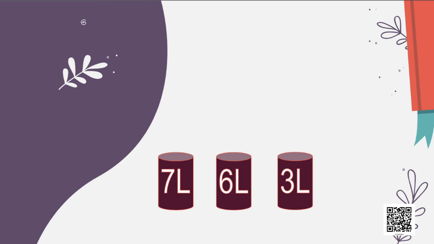In the same way as we did before, we can add all these to get 16 liters. 7 plus 6 plus 3 is 16 liters. And then we can equally divide it into 3 parts. So what is 16 divided by 3? What do you get? It will be 5.33 liters in each vessel.